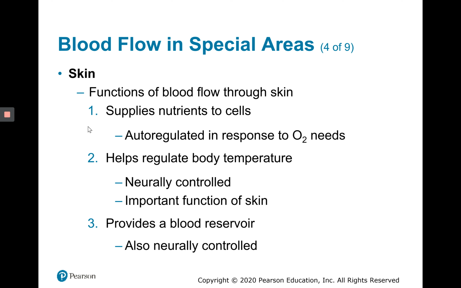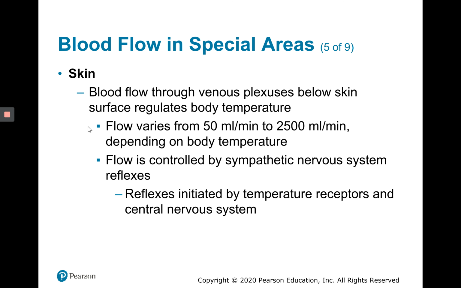And then we talked about the veins providing an important blood reservoir, but a lot of the dermal venous structures, which are also neurally controlled, are able to act as a reservoir for this blood. Blood flow through venous plexi below the skin is actually the area that is utilized to regulate body temperature, or perform thermoregulation.